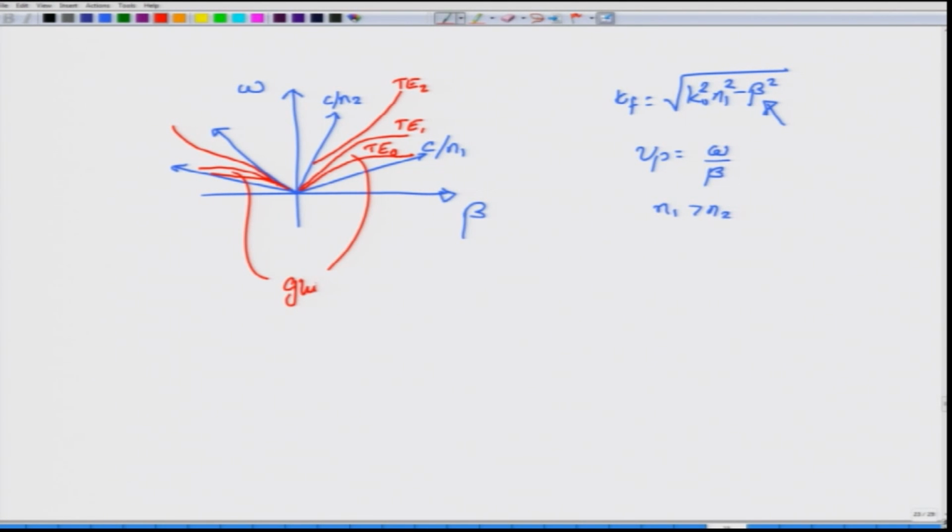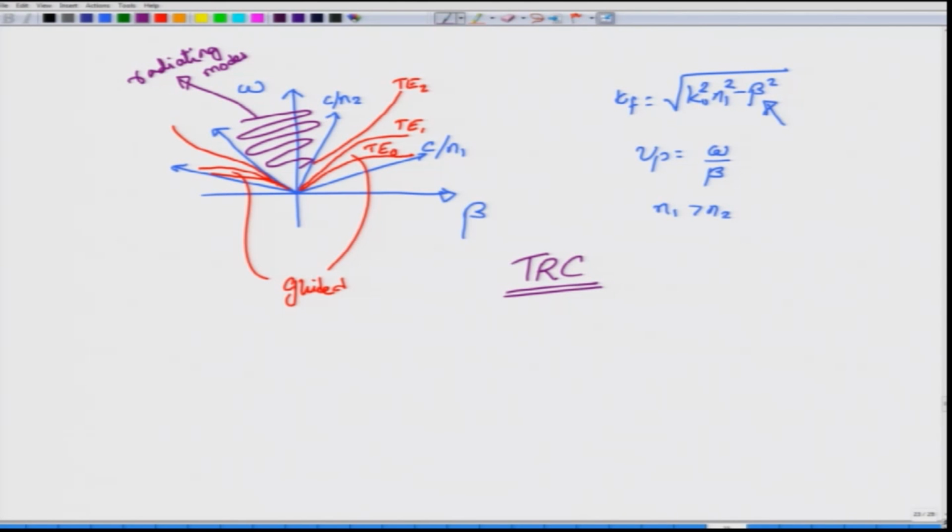This is called the guided region, and the region outside this cone like structure, where the modes do not take up any combination of omega and beta, is where the modes are actually radiating. So, these are called radiating modes. This is the region where we have guided modes, this is the region where you have radiating modes, and all this information can be obtained by solving the corresponding transverse resonance condition.